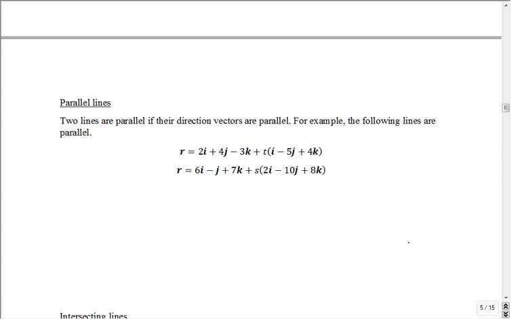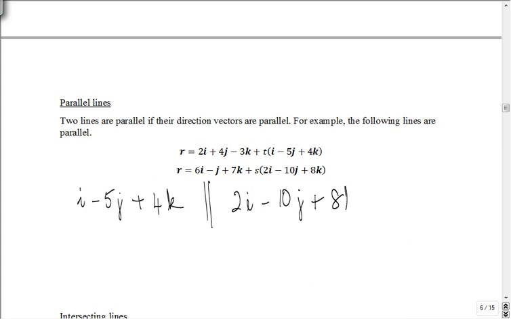What are the direction vectors? i minus 5j plus 4k is parallel to 2i minus 10j plus 8k. Can somebody tell me why they are parallel? Right, this one is a scalar multiple of the other. When you multiply the first one by 2, you get the second one.